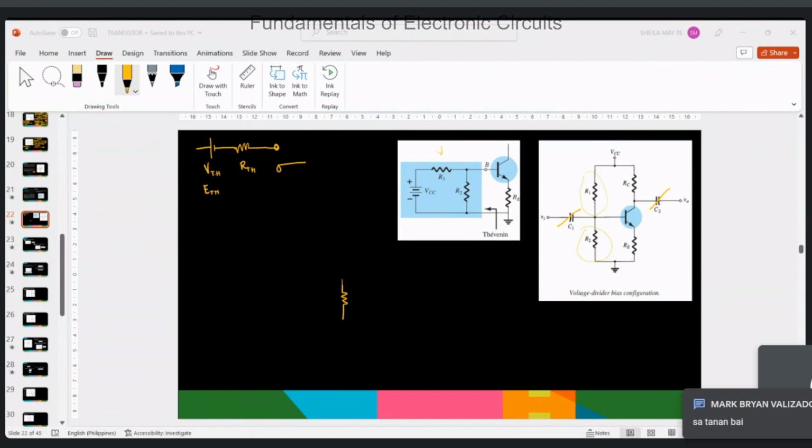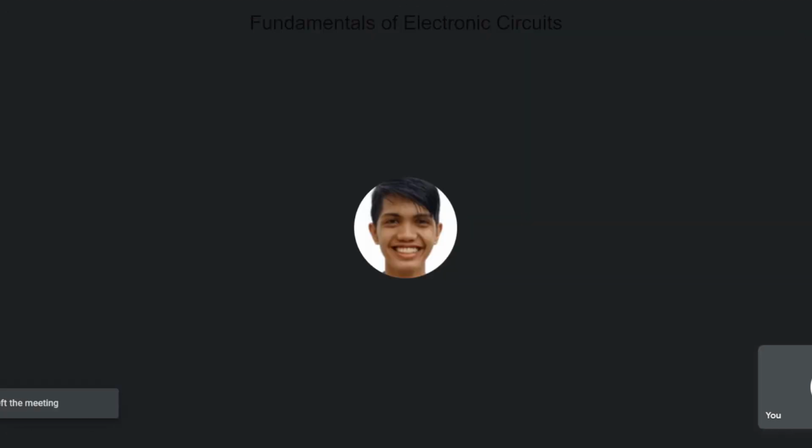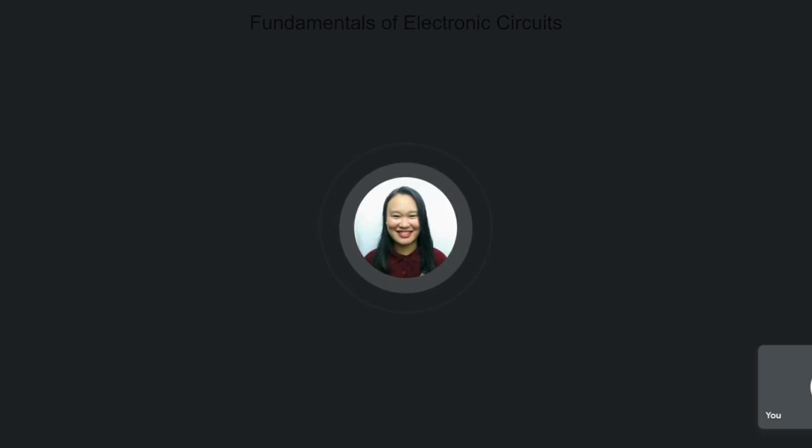Lag yung mga internet karon miss. Sige, hold sa. Wait sa kadit class ha.